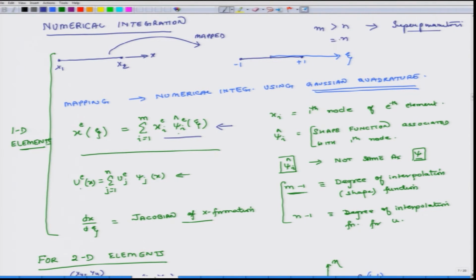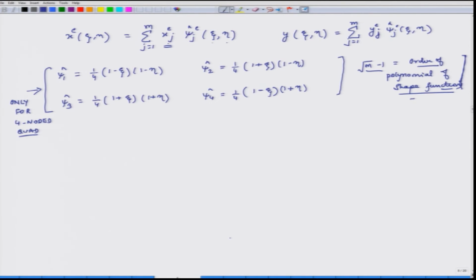When it was same as n, then it was isoparametric formulation, right, and when m was less than n, then it was subparametric formulation. So, the same classification of formulation of FE problems exists here, that we have superparametric, isoparametric and subparametric formulation.